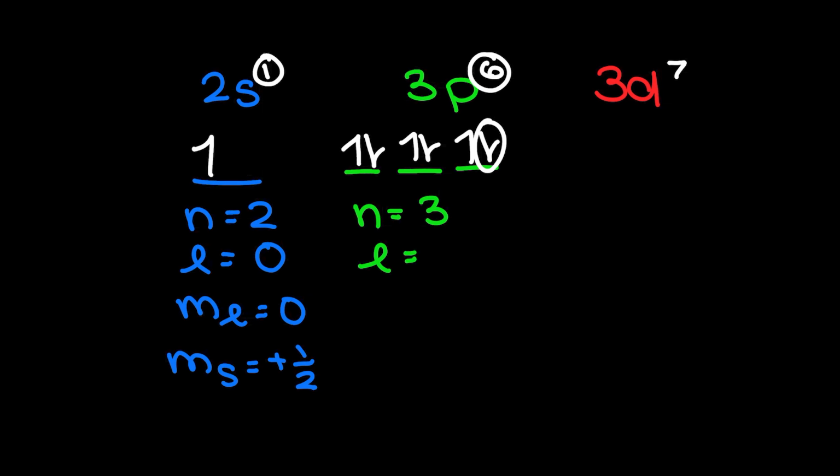L is equal to 1. m sub L is equal to 1. And just as a reminder of what m sub L is, if it were this one over here, that would be negative 1 m sub L. This would be 0. That'd be 1. This means the orbital is 1. And the spin is negative 1/2.